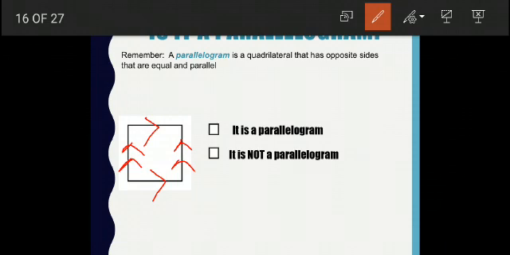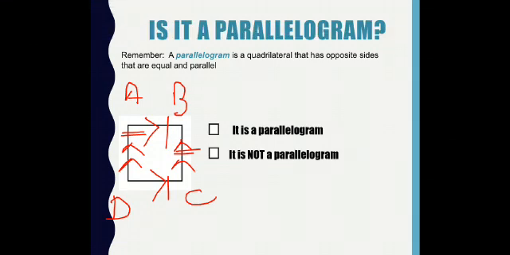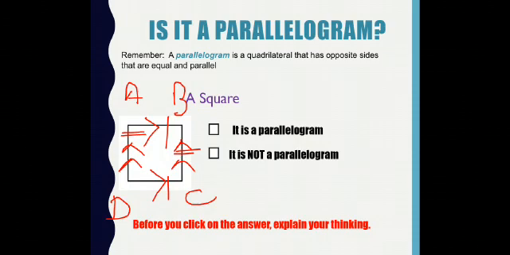Yes, in a square, the opposite sides are equal. And secondly, the opposite sides must be parallel also. So, in this square ABCD, AB is parallel to CD and AD is parallel to BC. Therefore, we can say yes, a square is a parallelogram, because it has four sides, and the opposite sides are equal and parallel.